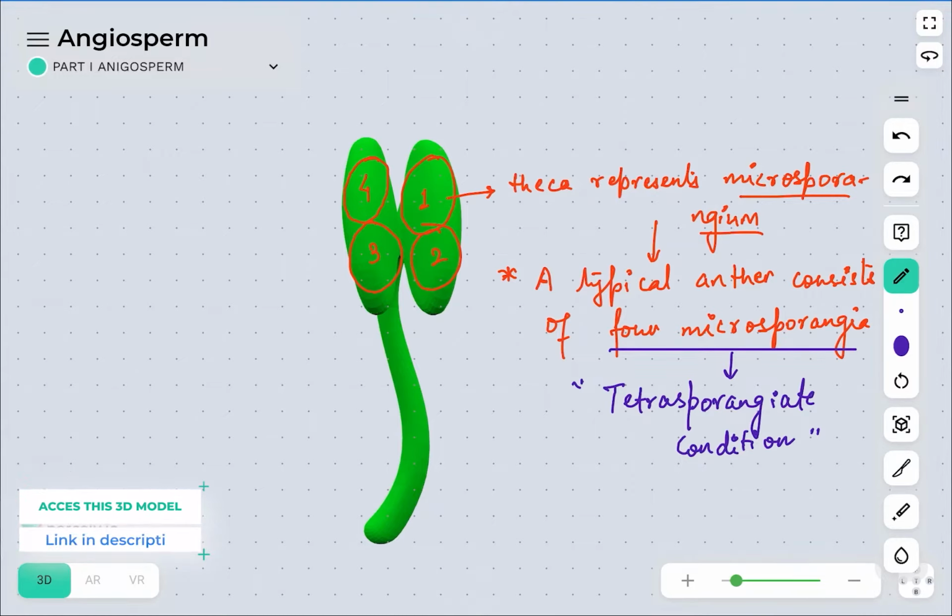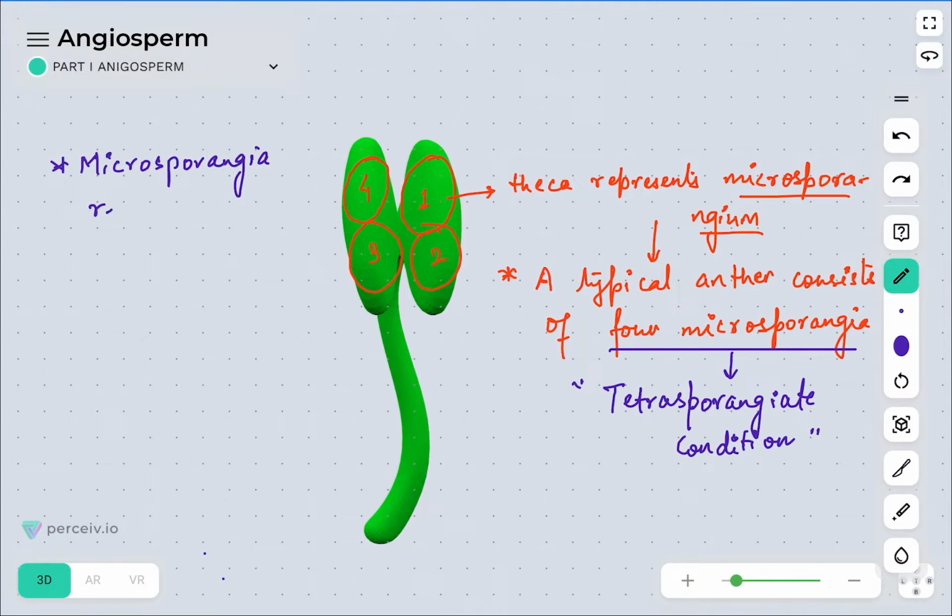Now let's talk about the filament part. But before proceeding to the filament, one important point to note is that, as I already told you, these microsporangia are also referred to as the future pollen sac. So you must know that microsporangia represents the future pollen sac.